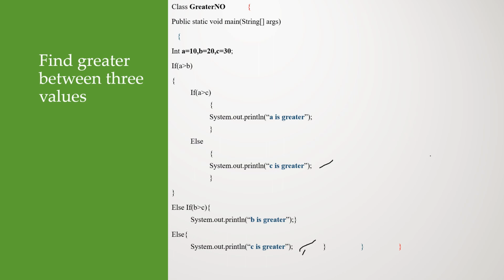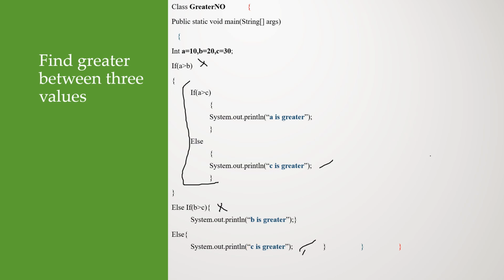So you get to understand, like if 10 is not greater than 20, it won't execute here, it won't come inside this method. B 20 is greater than 30, it won't execute this also, completely come at this one. So this one only will execute, and you will get the output.